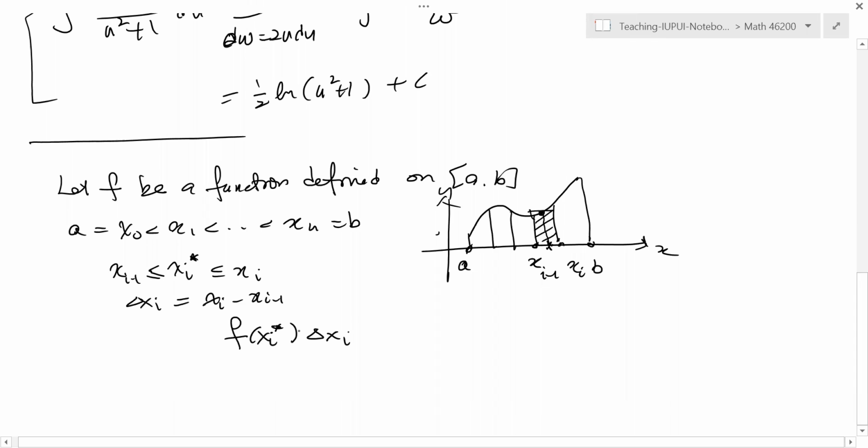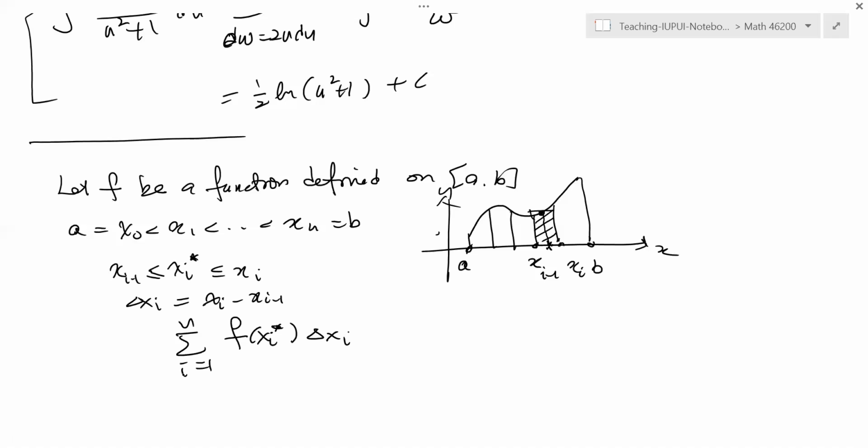If the function is positive, this product is the area of that rectangle. Now, if the function is negative, if the graph is below the axis, then this will be the negative of the area of that region between the x-axis and the curve. Then add them together. This is a good approximation of the area of that region.